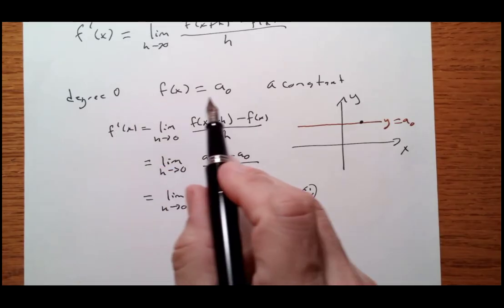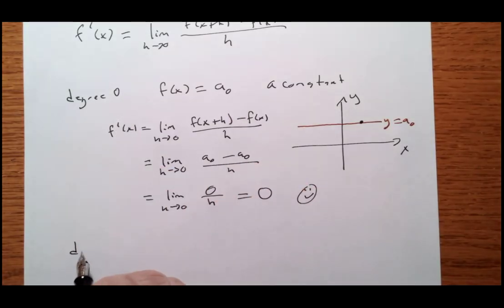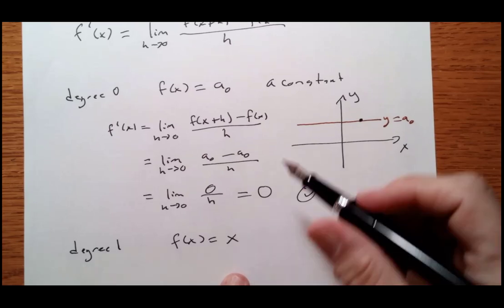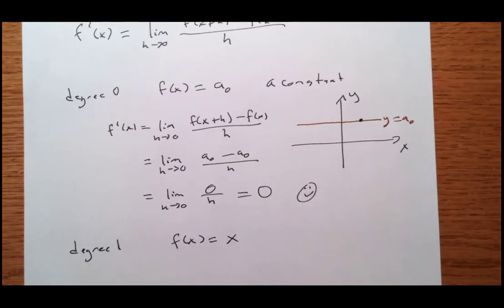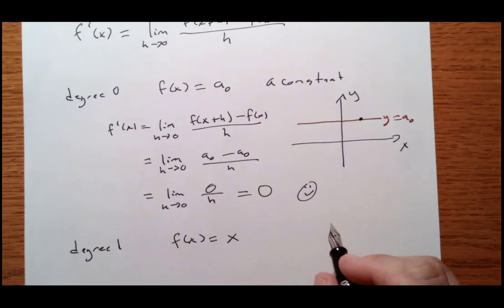If I go from degree 0 to degree 1, let's just do f of x equals x. x to the first power. This was x to the 0 power, and this is now x to the first power. What's the derivative of this? Well, again, I start with my intuitive idea.